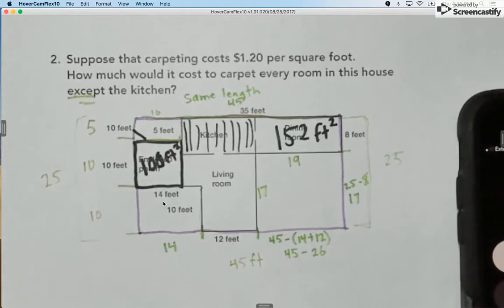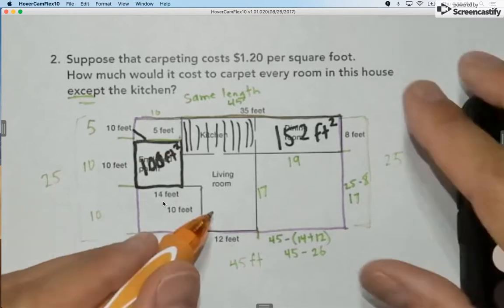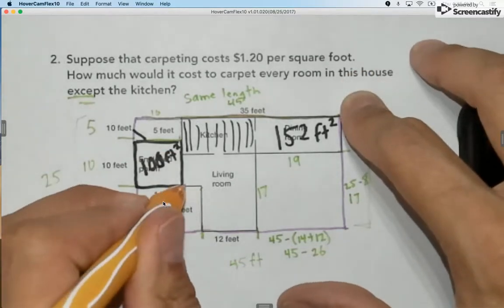Next, super tricky one. Let's see what I can do. I know for the super tricky one that we could separate it like this.